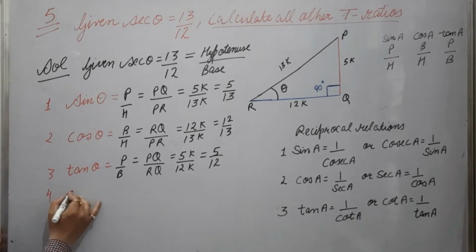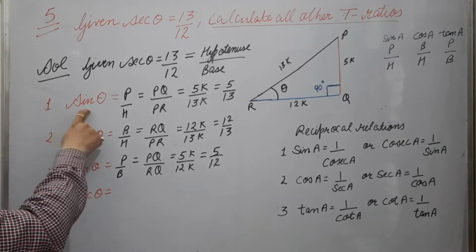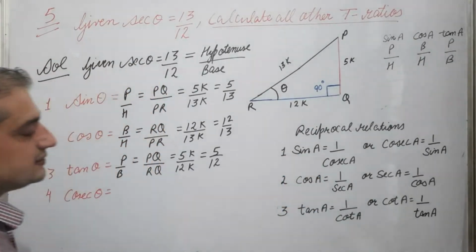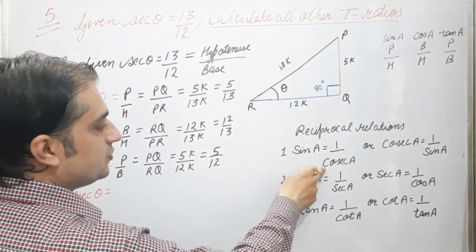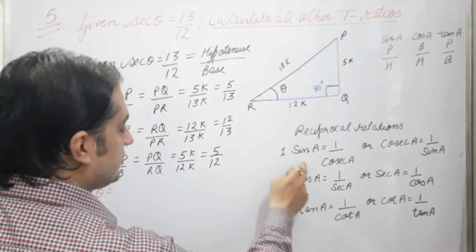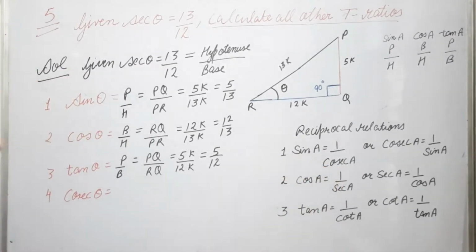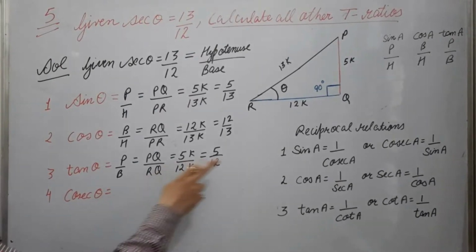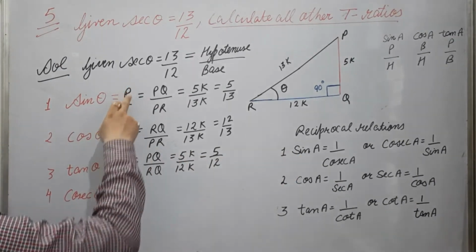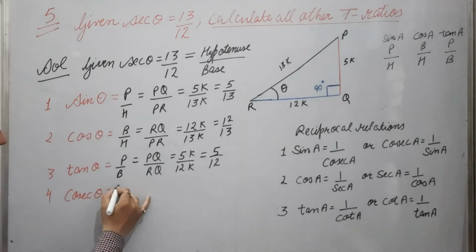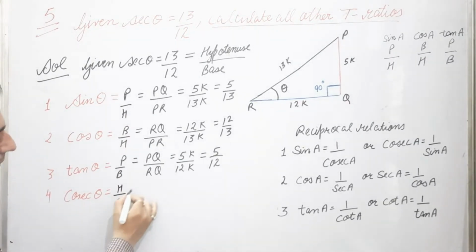Now the fourth T ratio, we are talking about cosecant theta. Cosecant is the reciprocal of sine, because these two are in reciprocal relations: sine and cosecant, cos and secant, tangent and cotangent. If you know the value of sine, you can easily find the value of cosecant. Sine is perpendicular by hypotenuse, so cosecant is hypotenuse upon perpendicular.